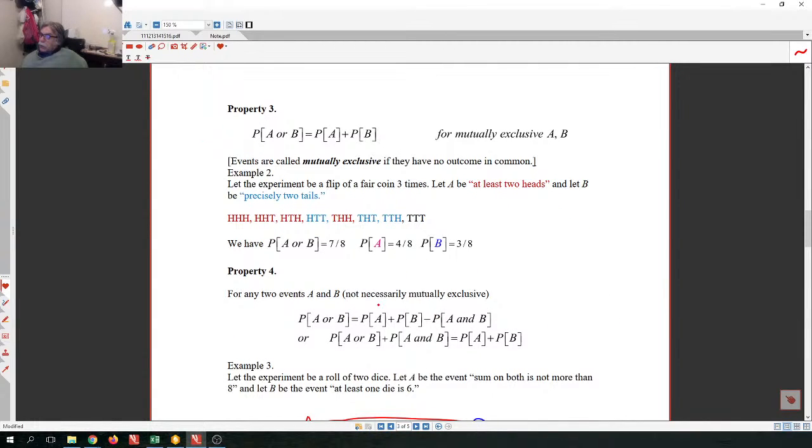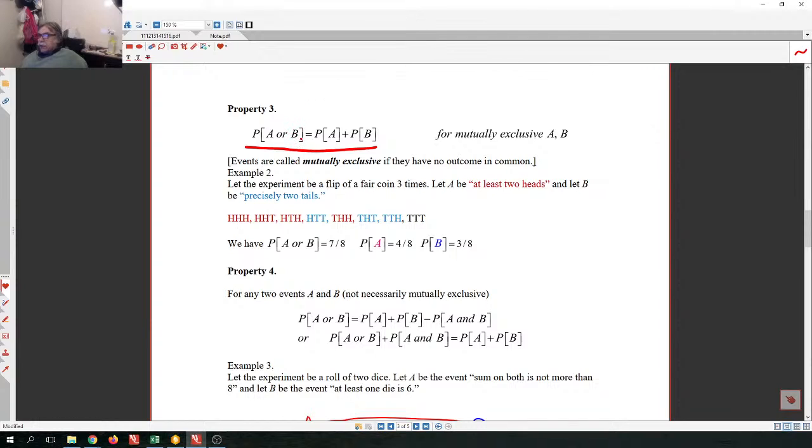Okay, what is the property that I really want? It is that the probability of A or B must be the probability of A plus the probability of B. What that says is that if you are looking for the probability of at least 2 heads or precisely 2 tails, you're talking about the 7 outcomes: at least 2 heads, 1, 2, 3, 4, or precisely 2 tails, 1, 2, 3.